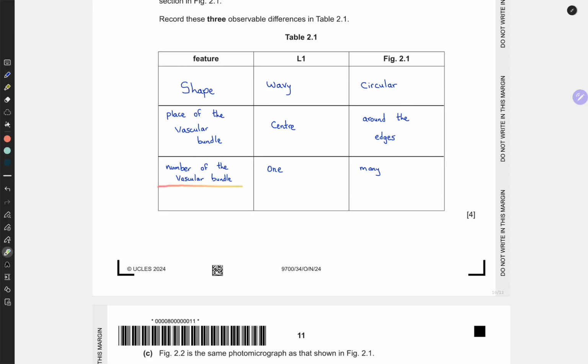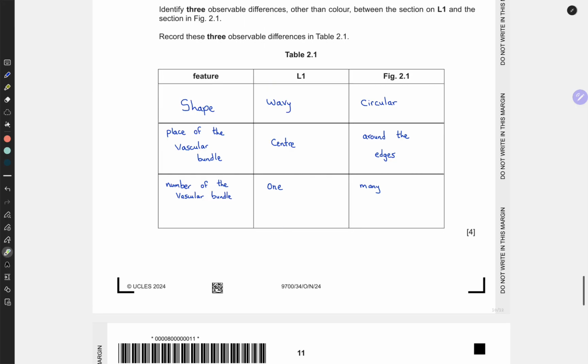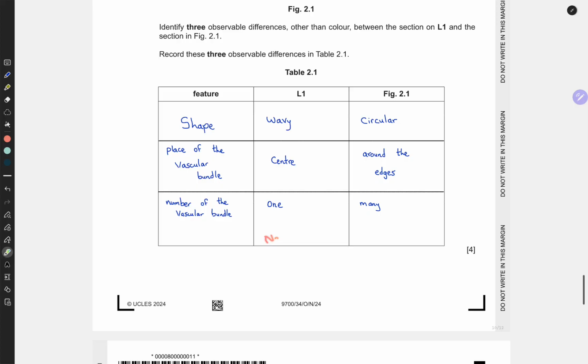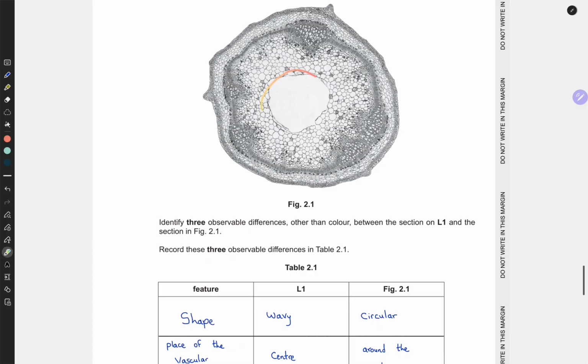You can put more than 3, because if one is wrong, there is an air space, which is not present in L1 and is present in Fig 2.1 right here.